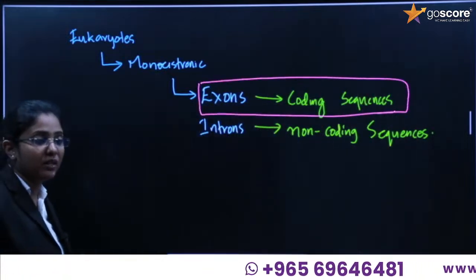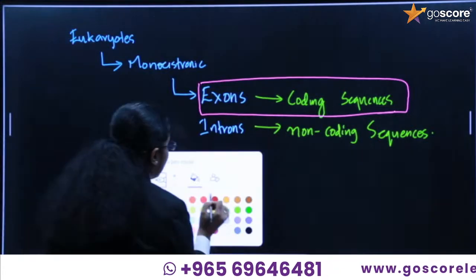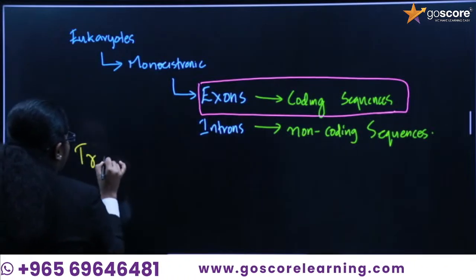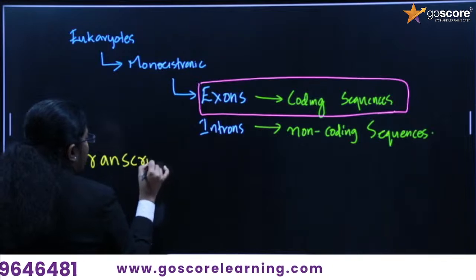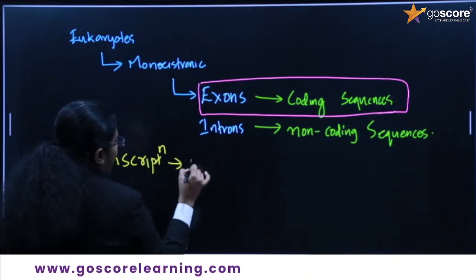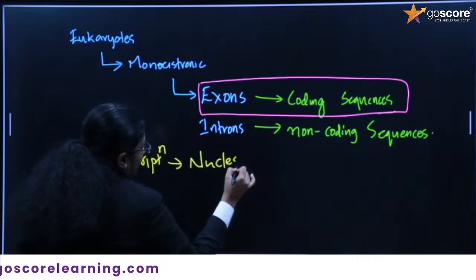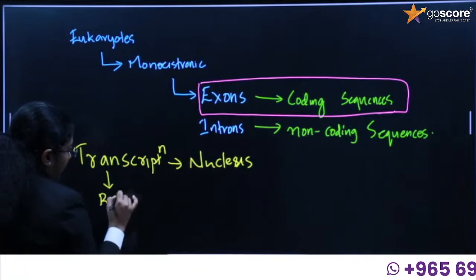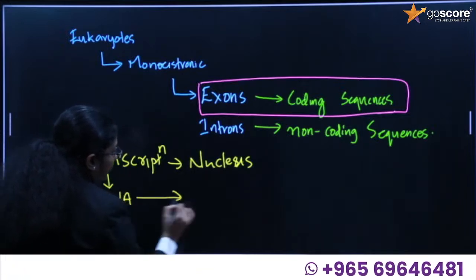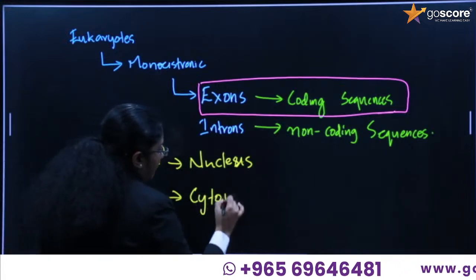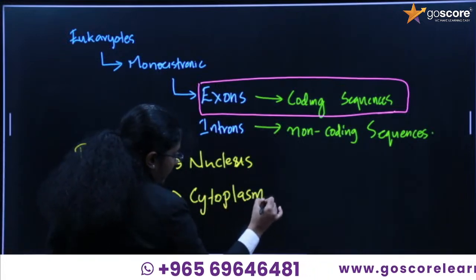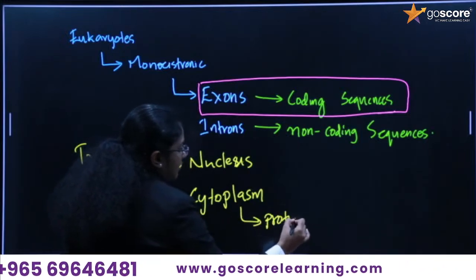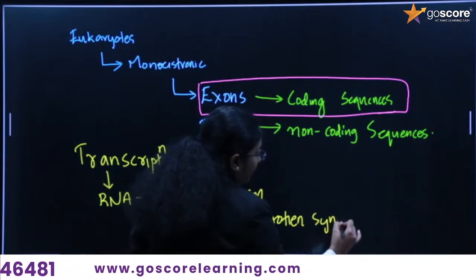Also keep in mind, dear students, that transcription takes place in the nucleus. After transcription, RNA is obtained. Later on, this RNA is transported into the cytoplasm. Why is it transported to the cytoplasm? For protein synthesis. Everything you have to correlate.